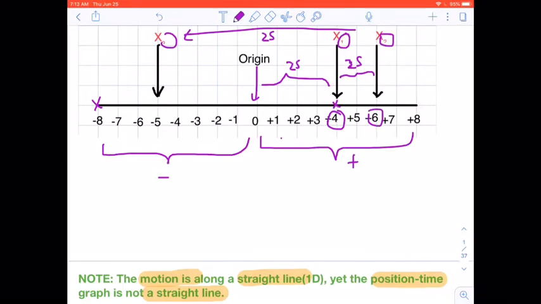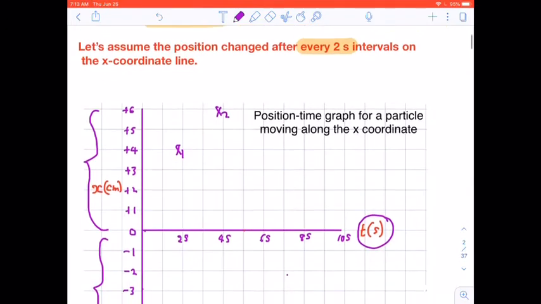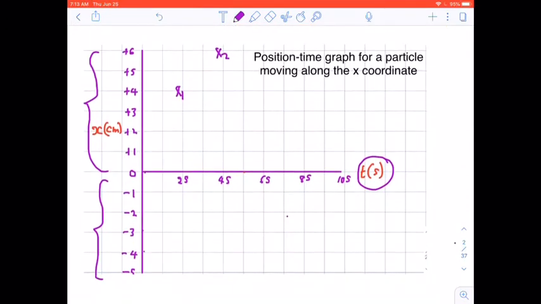And then x3 is at minus 5. Right? So after 2 seconds, we got x1 here. The next 2 seconds, we have x2 there. And then the next 2 seconds, we have x3 here.